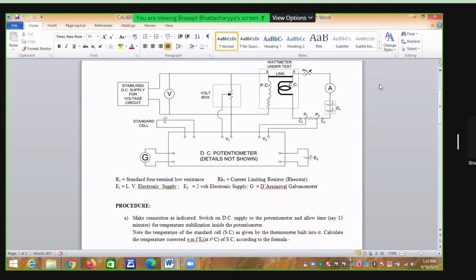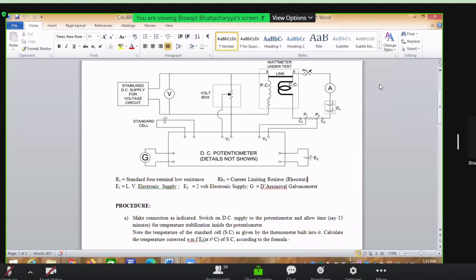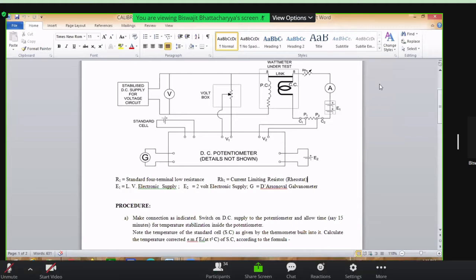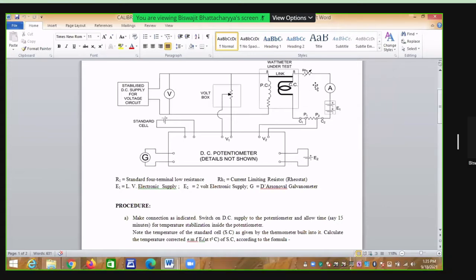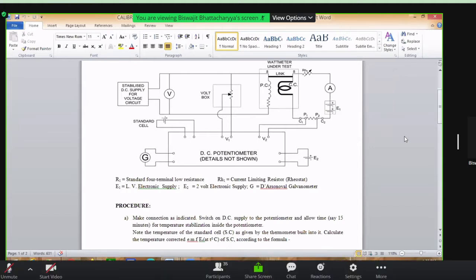So how to remove the electrostatic torque? The only method is to remove the potential difference of the two coils, so the two coils will be equipotential, at the same voltage. So electrostatic force or torque will be zero, and only the deflecting torque will act.